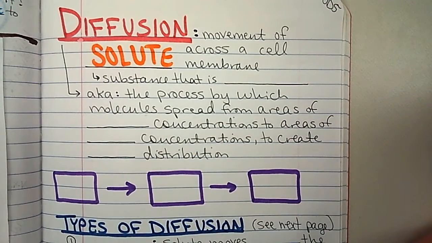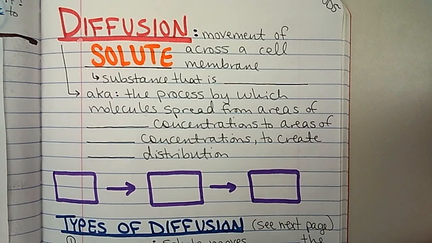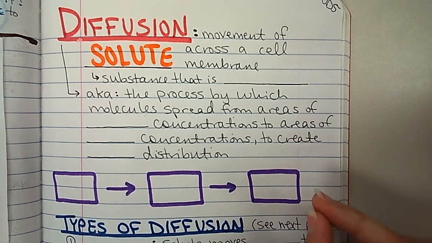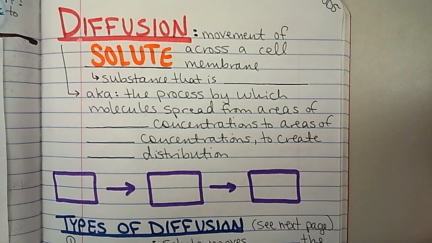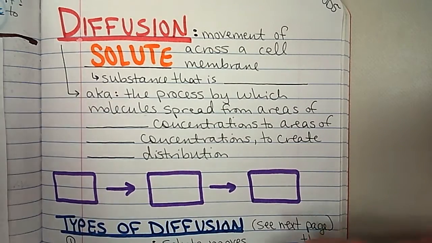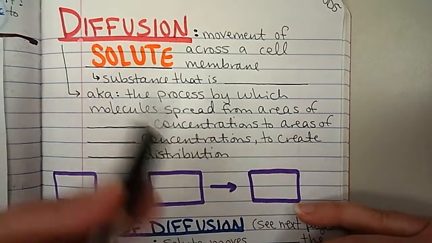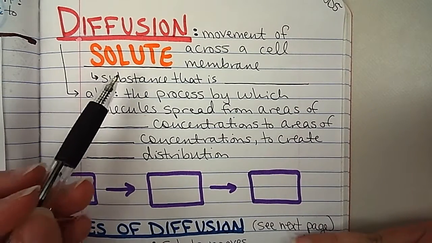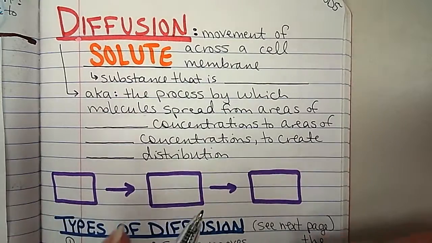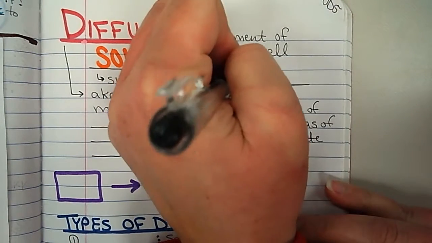So instead of the water being the only thing that can move, the stuff that's dissolved in the water can move. It's where salt can go across, or sugar is allowed through, or food coloring, or anything like that is allowed through the membrane. So this is different because the water will still do its thing with osmosis, but this is where solute can move. The substance that is dissolved is solute.